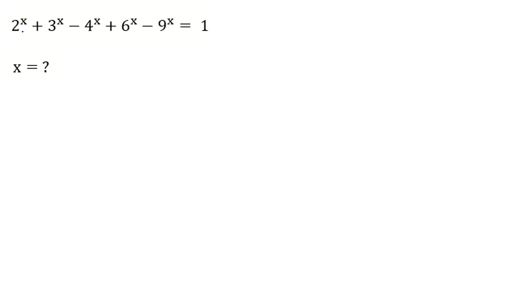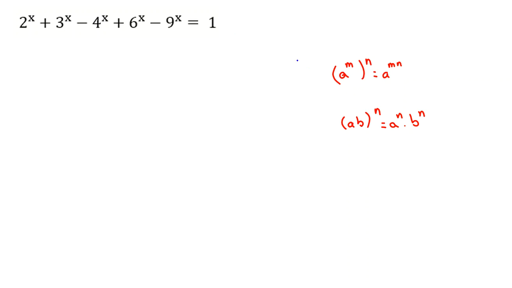So here we have 2 to the x, 3 to the x, 4 to the x. If we apply these power rules, I can write it as 2 to the x plus 3 to the x minus... I write 4 as 2 squared to the x, 6 as 2 times 3 to the x, and 9 as 3 squared to the x, equal to 1.